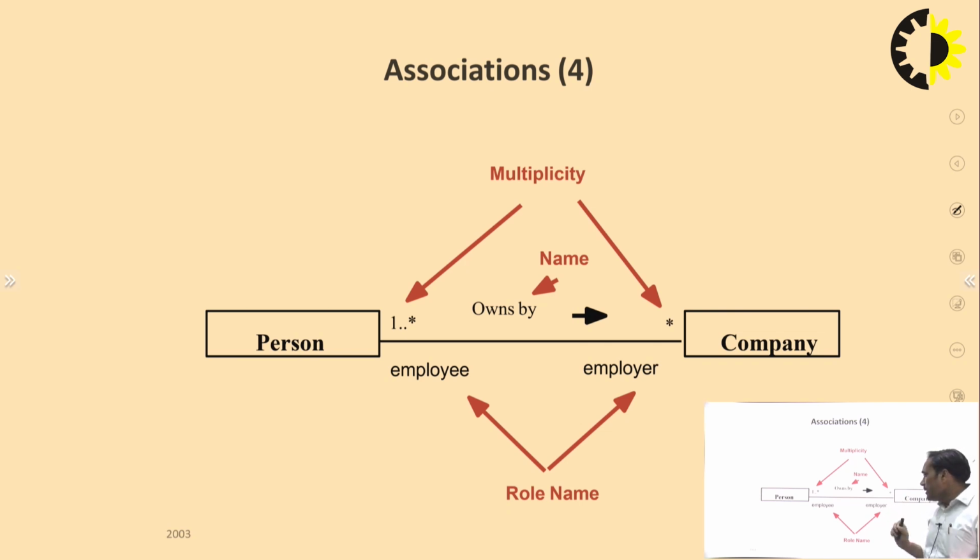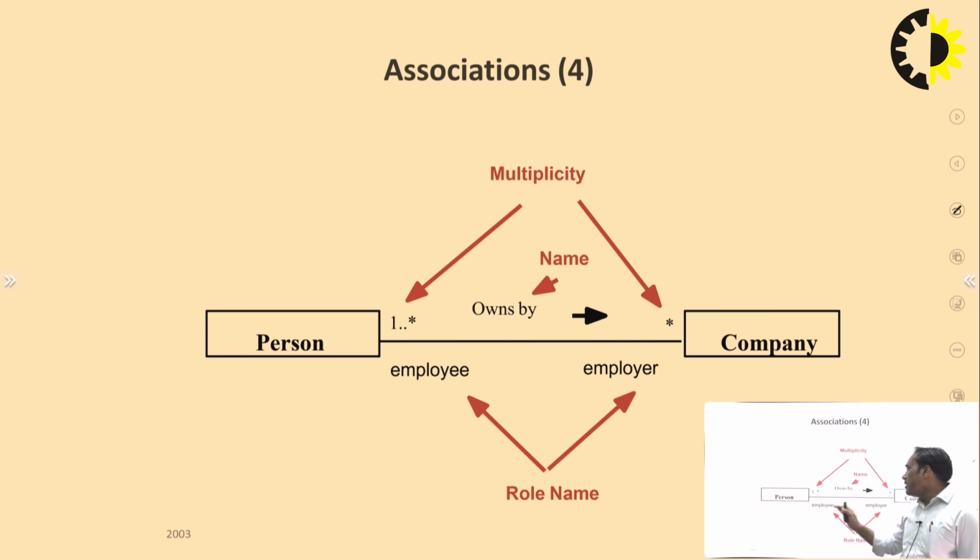And what are the role names? Employee and employer are the role names. Person is the employee and company is the employer. So company behaves as an employer and person behaves as an employee.